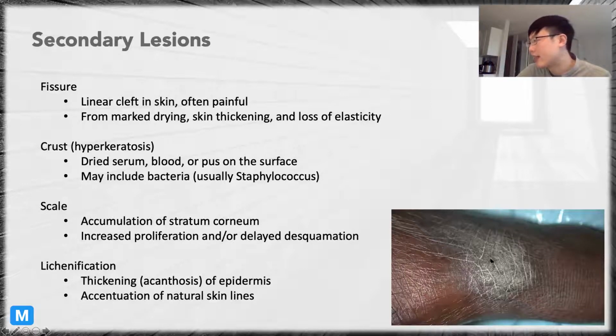You can see this is the natural skin line, and this is because the patient has been scratching chronically, and the skin is responsive to the scratching, rubbing or irritation, so they can have this accentuation of the skin.